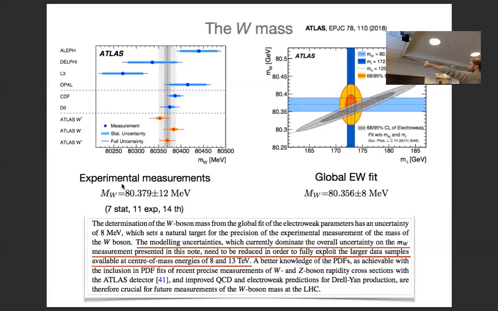The experimental collaborations are working hard to make this 12 reach that 8, and they are also blaming us for not being too good. The modeling uncertainties currently dominate the overall uncertainty and would need to be reduced. So they are really blaming us.